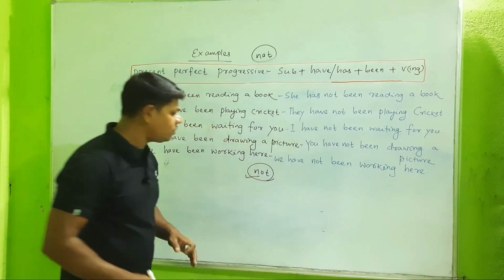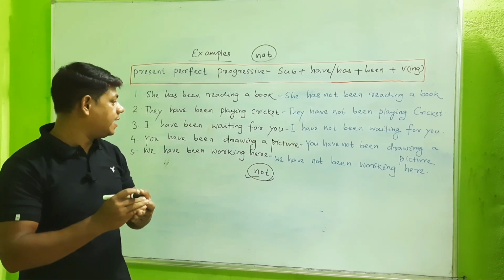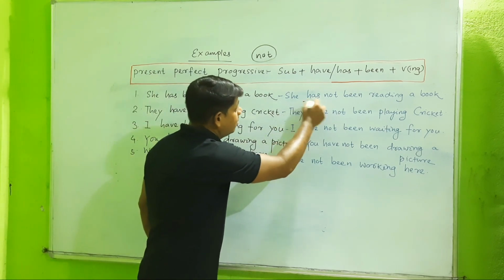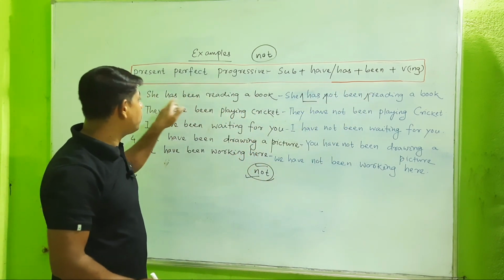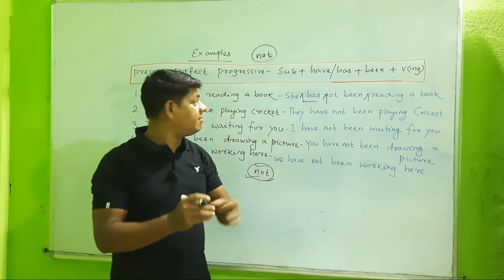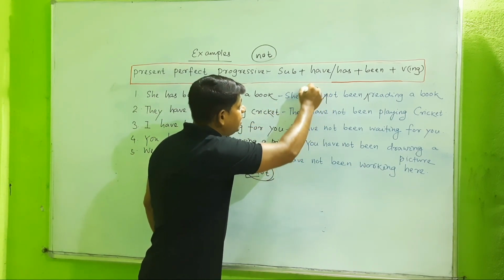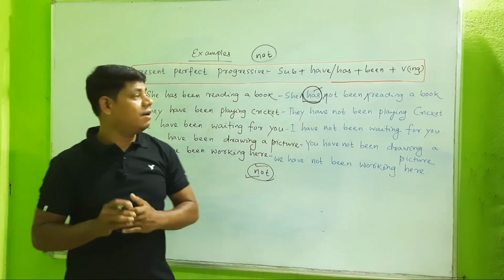But we normally get a doubt about where the not is to be added. Here, or here, or here. When you add not to the sentence, it goes after the helping verb. She has here. She has not been reading a book.